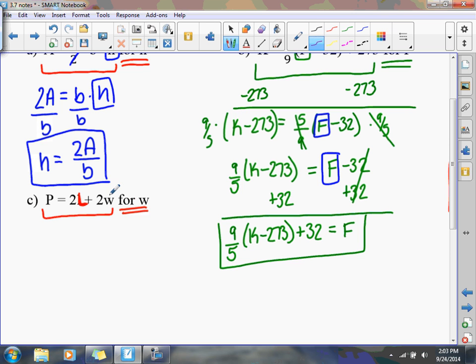So if I want to get the W by itself, I'm first going to have to undo this addition. And the stuff that's being added is the 2L. So I'm going to have to subtract the 2L on both sides. And again, I can't combine like terms on the left side because the P and the L aren't like terms.